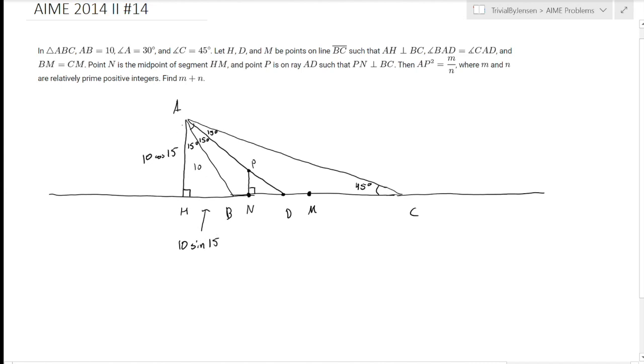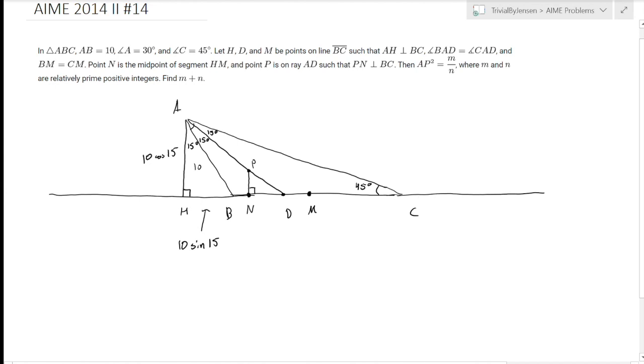This altitude is really nice because we can start computing lengths pretty quickly. Say we wanted HD. Well, we have this triangle with angle 30 and we know the height, so we can use trig to find it. And same for other lengths like HC.